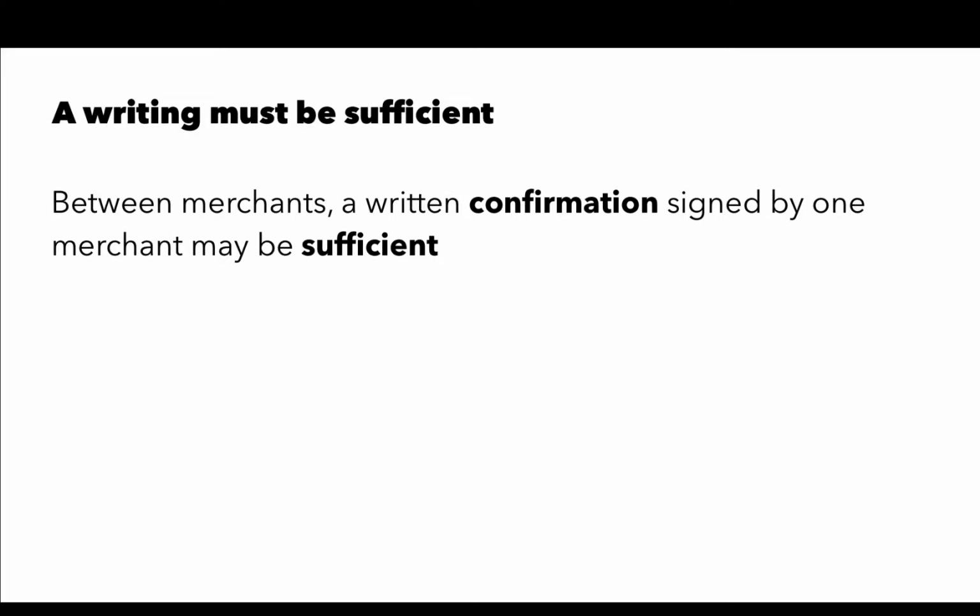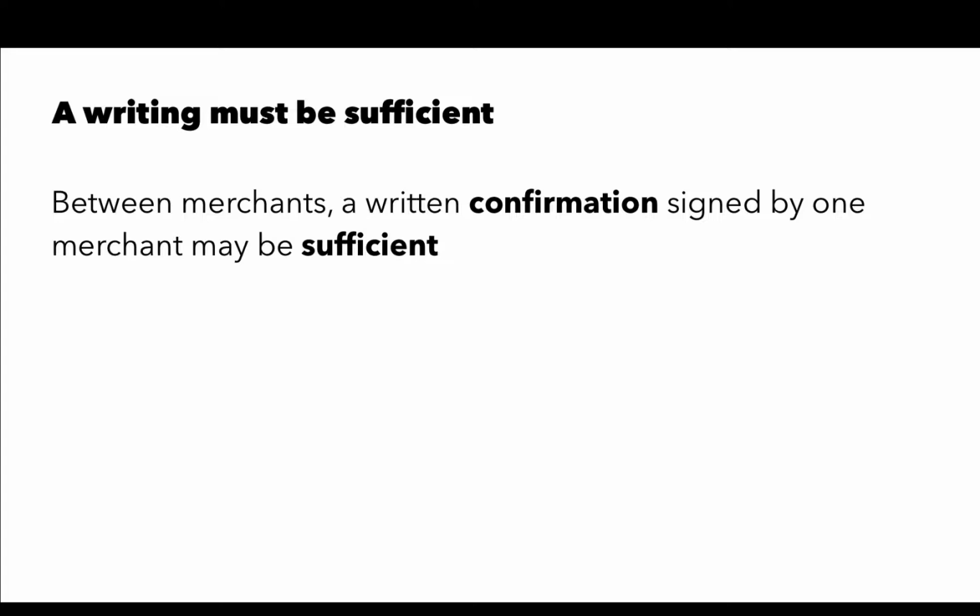Now, between merchants, a written confirmation signed by one merchant may be sufficient. It may be a sufficient contract. And why is this? This is because when the drafters of the UCC were looking at how business is done, they found that oftentimes a party, a seller or a buyer, would make an offer. It would be accepted over informal means, orally perhaps, or in a conversation.